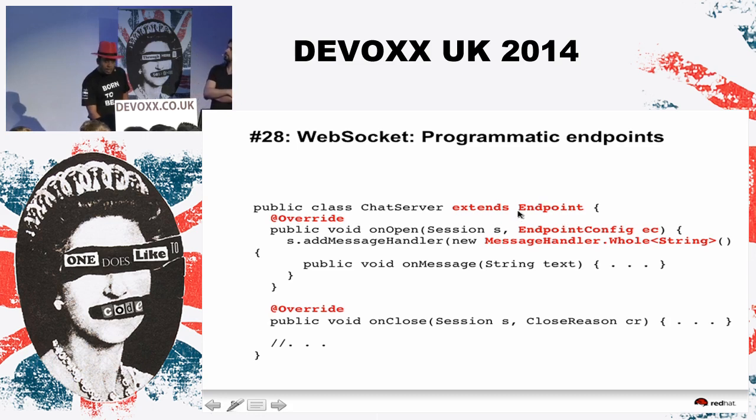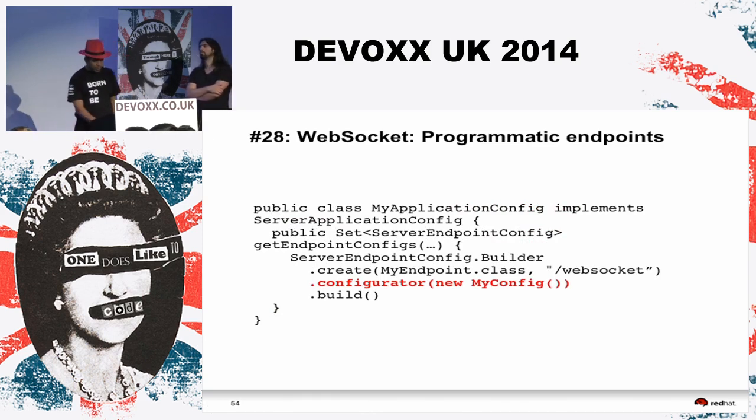And because I'm extending Endpoint, now I can actually override the onOpen method. So not only do I get a Session, which is sort of encapsulating the client to server conversation, but I also have an EndpointConfig, which is basically saying this is how I can configure my endpoint. Now here, it's of course by design verbose because it's giving you more knobs and dials. But you can say I want to set up my message handler that's handling some text messages here, and you can specify whether you want to handle the whole message or asynchronously or partial message.